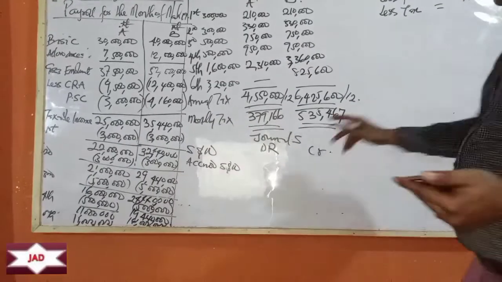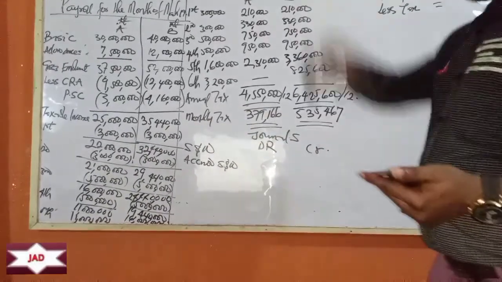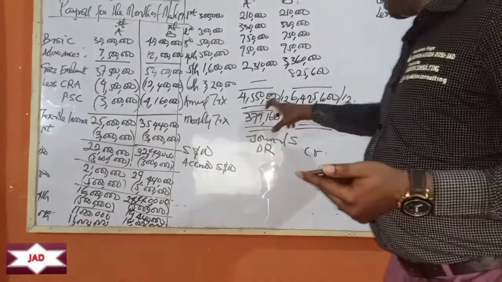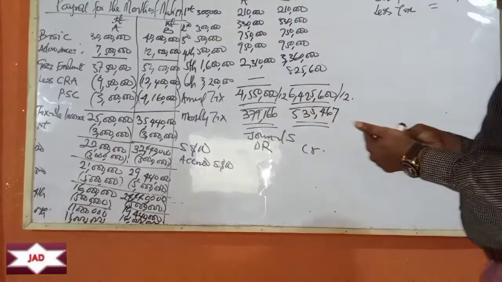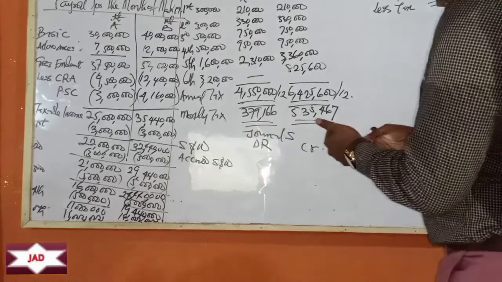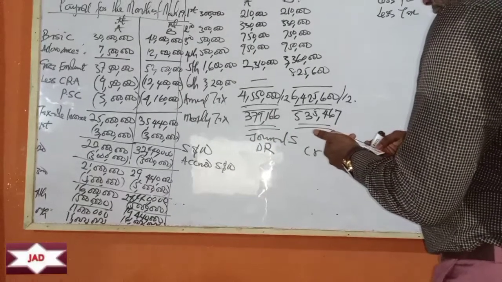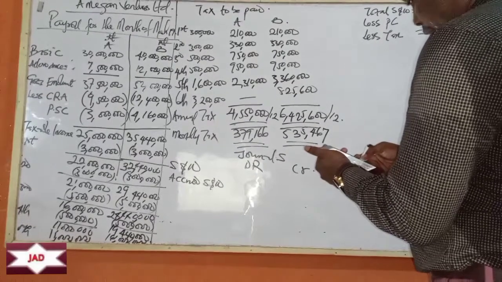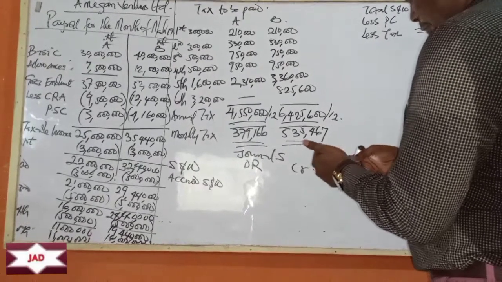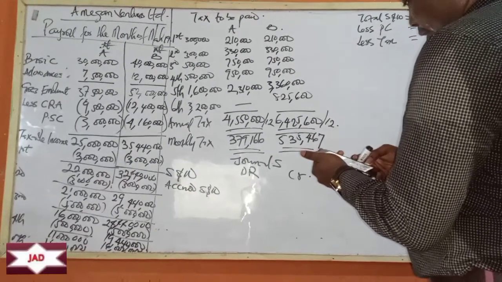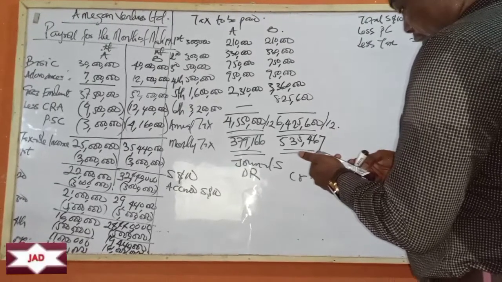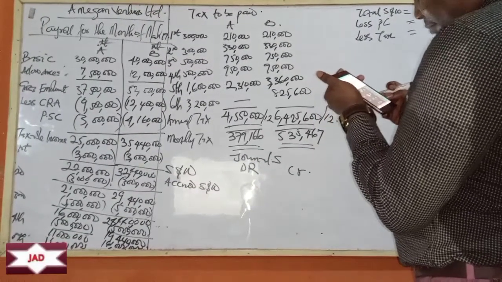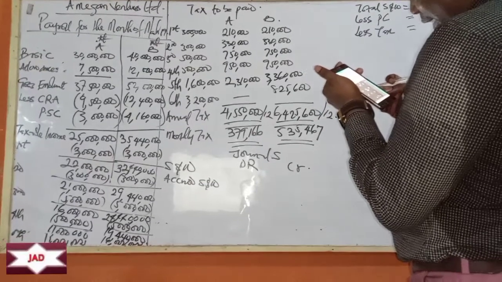What's the tax they are paying? This plus this: 4,550,000 plus 6,425,600. Tax there is 10,975,600.